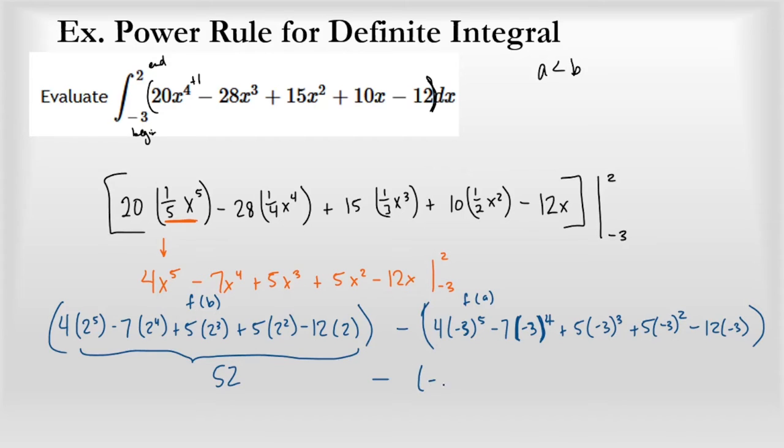We're going to get -1593. You could take a moment to plug that through your calculator to double check. I'm very confident in it, and when you evaluate this, we get 1645. That is the answer for this definite integral.